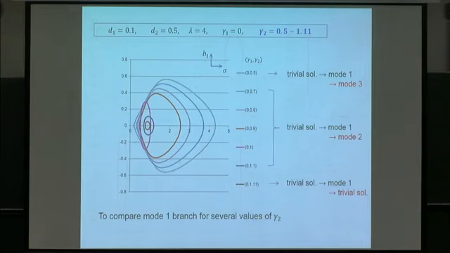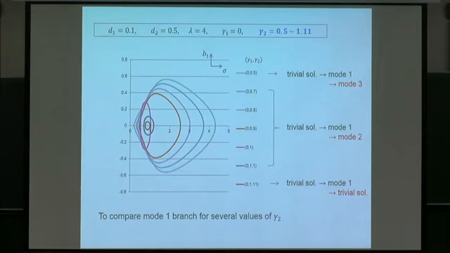So in the next slide, this figure is the mode 1 branch for several values of gamma 2. In this case, the vertical axis represents B1, and D1, D2, gamma 1 are fixed, and gamma 2 changes over this range.